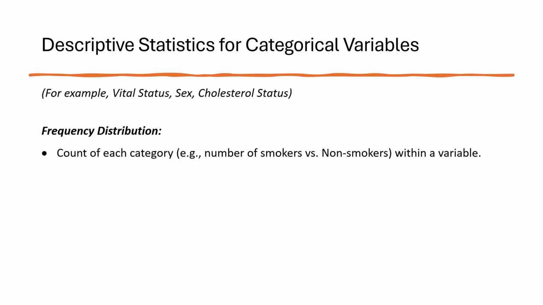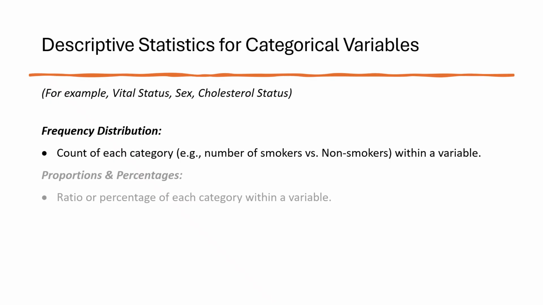For example, say of 5,209 individuals, 500 of them were smokers, and the rest of them were non-smokers, or say 2,500 were males and 2,500 were females, and so on.